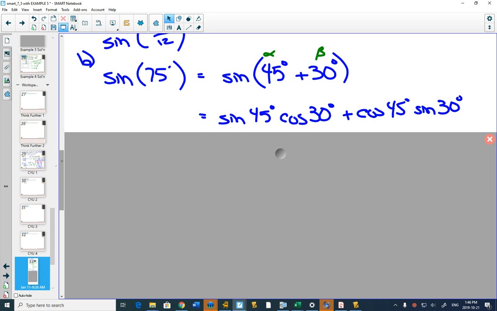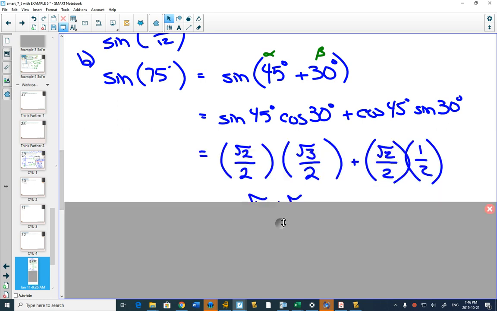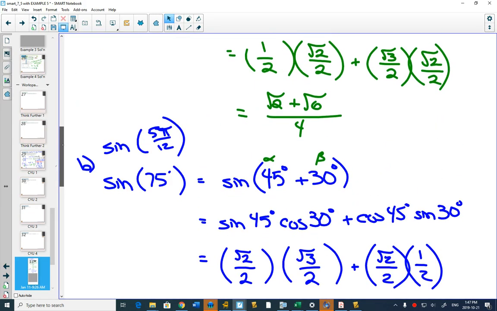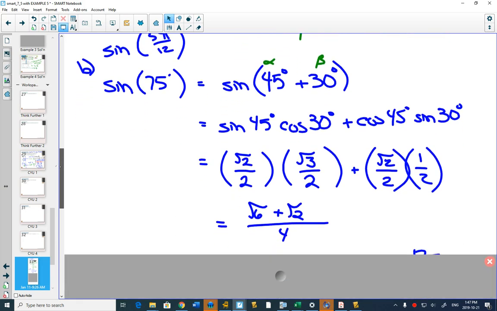All right, quick check to see if you were able to get it. Root 6 plus root 2 divided by 4. Do you notice our answer in the first one was root 2 and root 6 divided by 4?